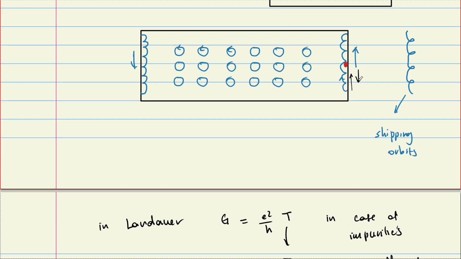And the back scattering channel is on the opposite side. And there's a wave function here, and because they are macroscopically separated, the overlap of wave functions is negligible. So this electron going there, even if it wants to scatter, it cannot, because there's nothing it can do. So it has to just keep going in one direction.